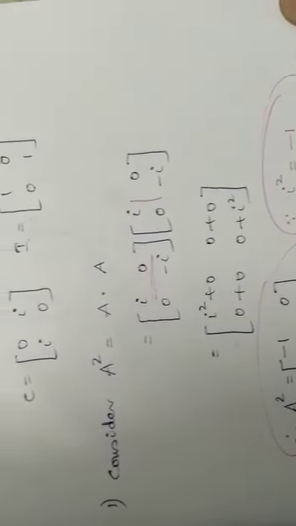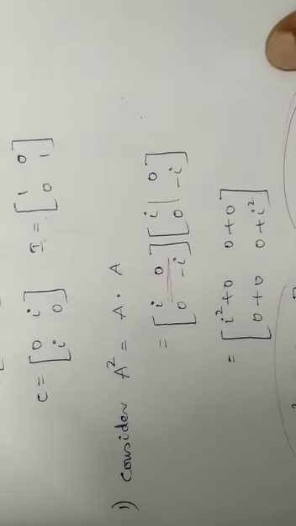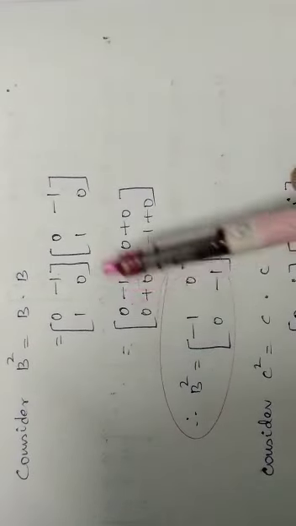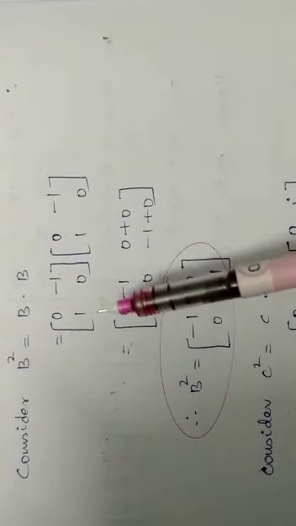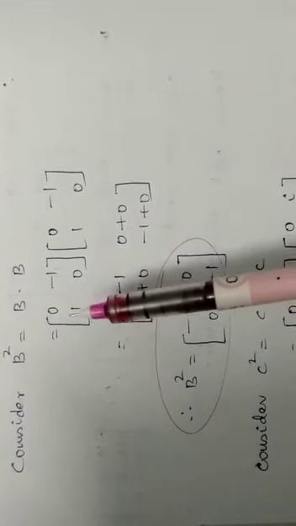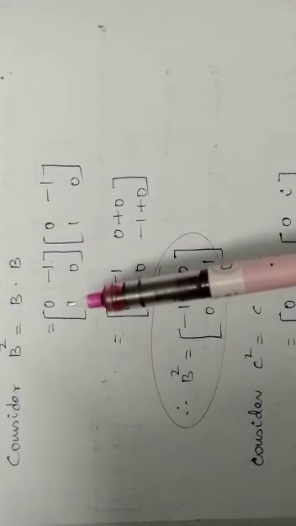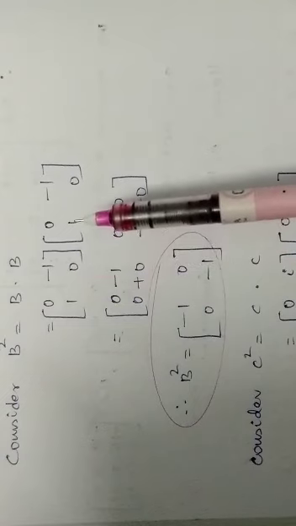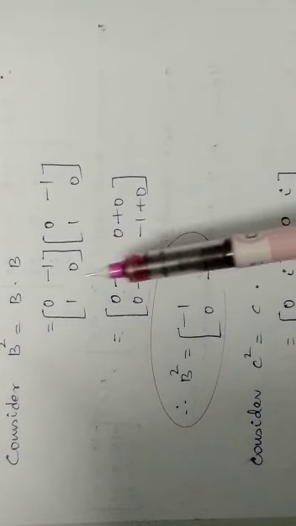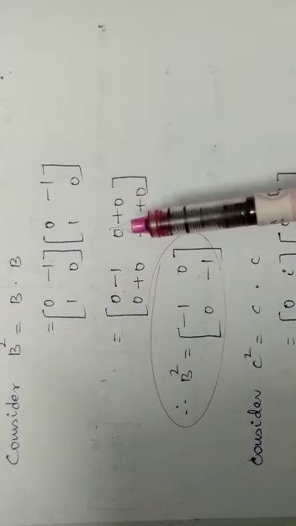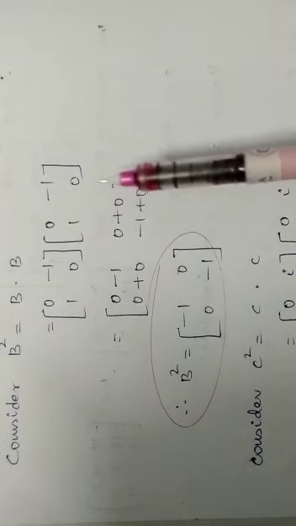Now we do B square, C square. See here. Consider B square, B into B. So B matrix into B matrix, multiplication. First row, first column, 0 into 0, 0, plus minus 1 into 1, minus 1. First row, second column, 0 into minus 1, 0, plus minus 1 into 0, 0.